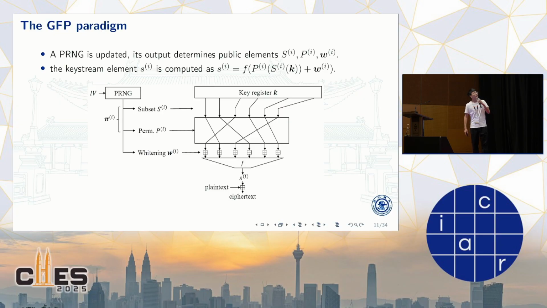Then, some elements will be selected by the subset from the key register and then permuted and added with the widening vector W. And finally, a filter function F will be applied to the state and generate the corresponding keystream element, just like the picture shows.